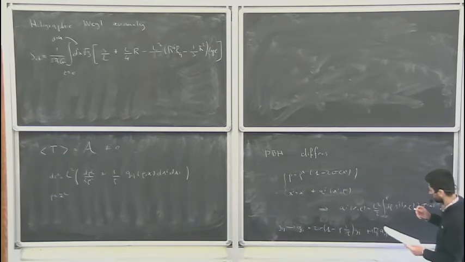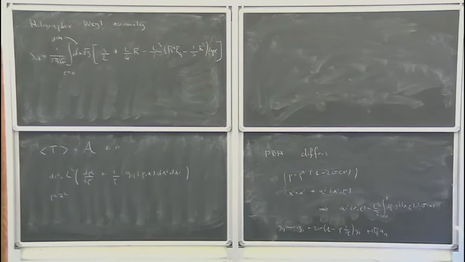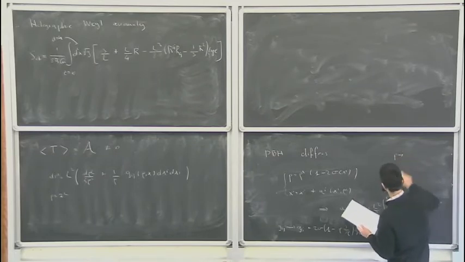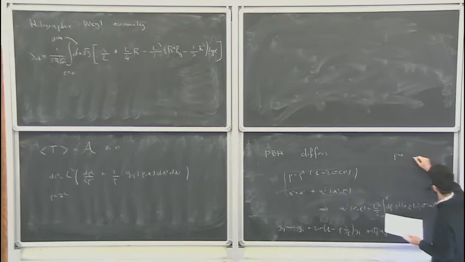So in particular, notice that as rho goes to 0, so it's approaching the boundary, a^i goes to 0 just by construction.